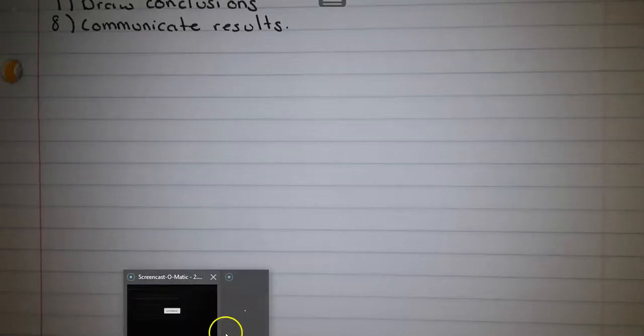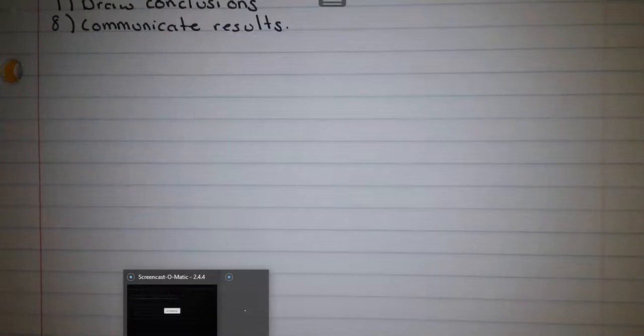And the first one that we talked about was making observations. Now I'm only going to cover part of the scientific method today, and the other half I'm going to cover tomorrow because there's a little bit more practice for the second part.